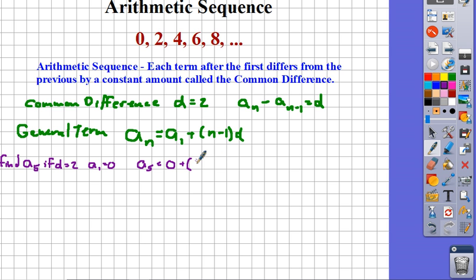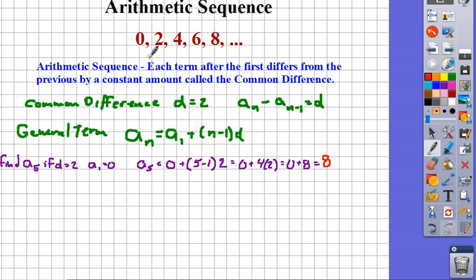We're looking for the fifth term, so n is 5, minus 1, times d, the common difference, which is 2. So in this case, we're going to get 0 plus 5 minus 1 is 4 times 2. Order of operations, we're going to do that multiplication first. 0 plus 8. And we get a final answer down here of 8. So the fifth term would be 8.